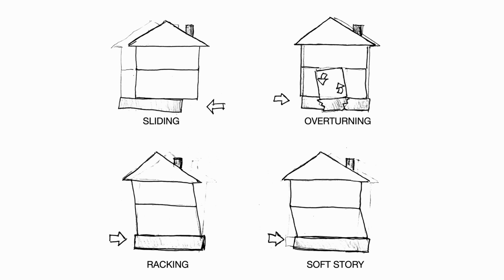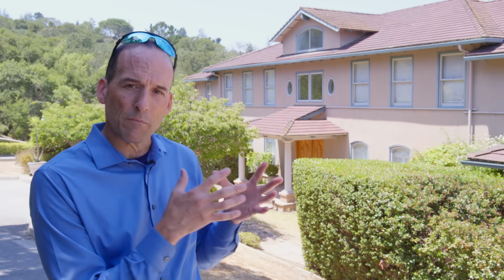And so what we have to be careful of is when we add mass to the top of the house and to the walls of the house, we make it harder for that house to stay on that foundation. We put more structure load on that foundation. Now, why does that matter? Well, when we do a major remodel like this, we have to make sure that that house stands up to the earthquakes in the future.